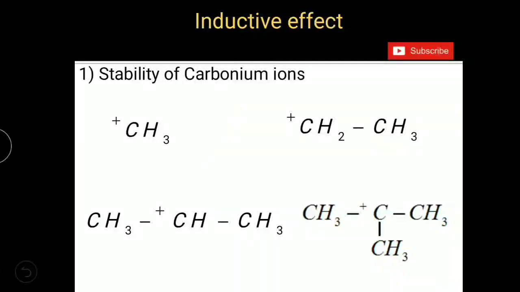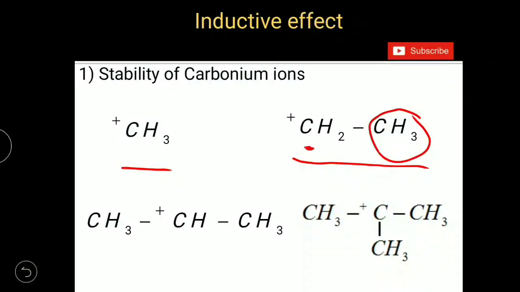When we compare the ethyl carbonium ion with the methyl carbonium ion, here there is a methyl group bonded to the positive charged carbon, and the methyl group is an electron donating group as per the inductive effect. So it donates the electron pair to the positive charged carbon, and because of that the positive charge on this carbon atom will be reduced.